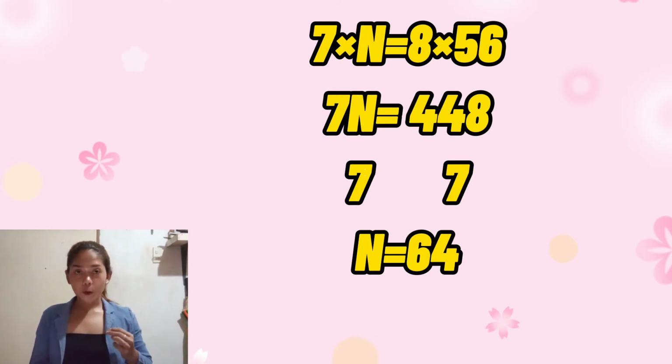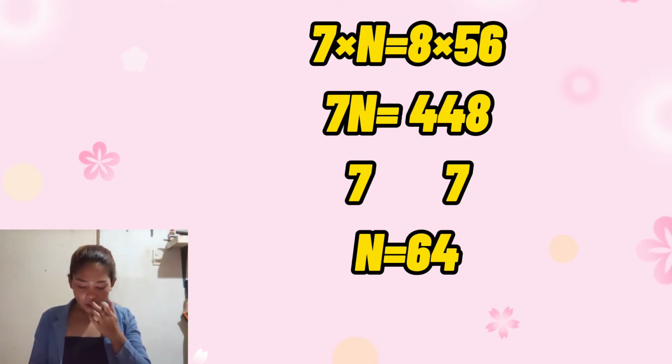7 times n is equal to 7n. 8 times 56 is equal to 448.